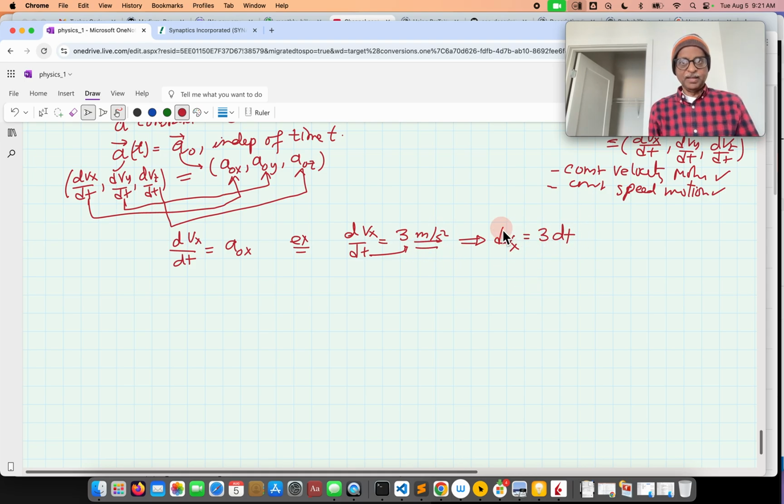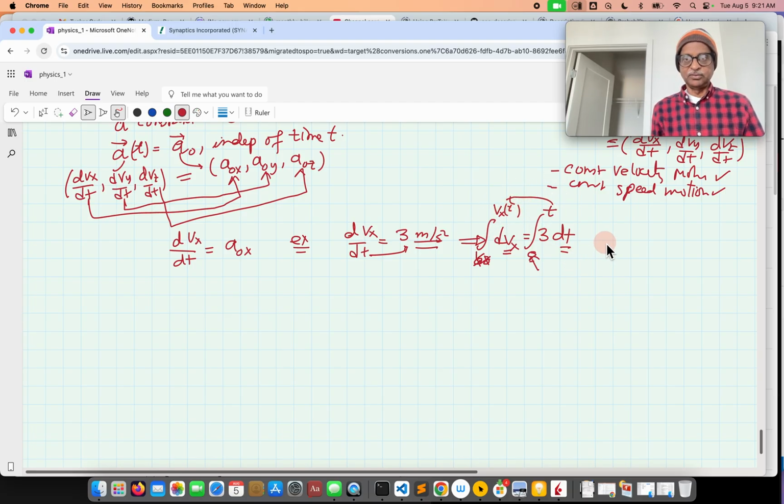And then you do integration on both sides. Here t is the variable, so let's go from 0 to some arbitrary time t. This will be the value of vx at that instant. Let's call it v0x, and vx at that instant. So this will give me vx at that instant minus v0x equal to 3t.